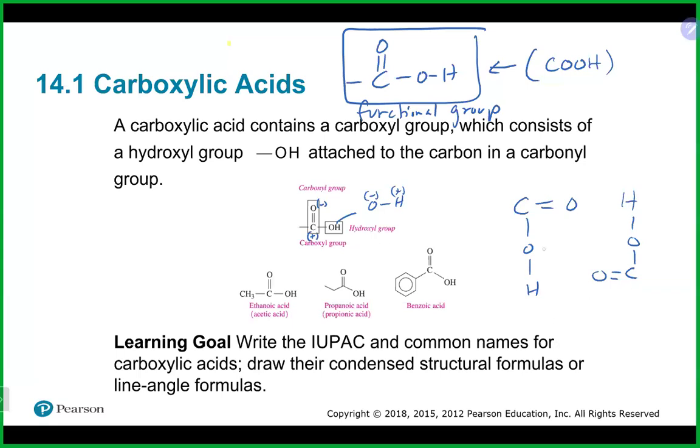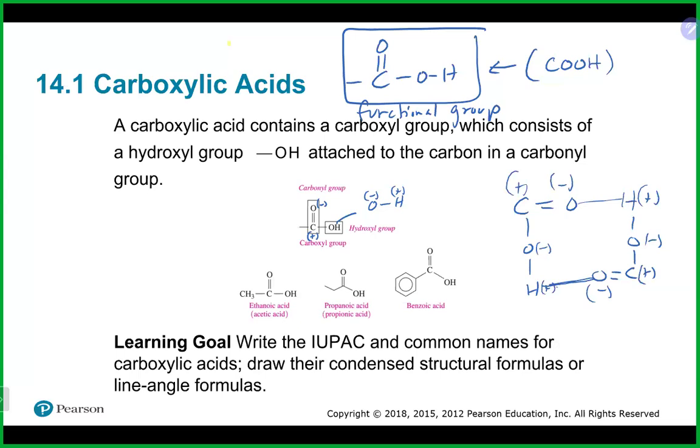For example, here again, negative, positive, positive, negative, positive, negative, positive, and negative. So we definitely can have some hydrogen bonding happening here. We definitely could have some hydrogen bonding happening over here. So it creates a lot of really strong bonds between different carboxylic acids.